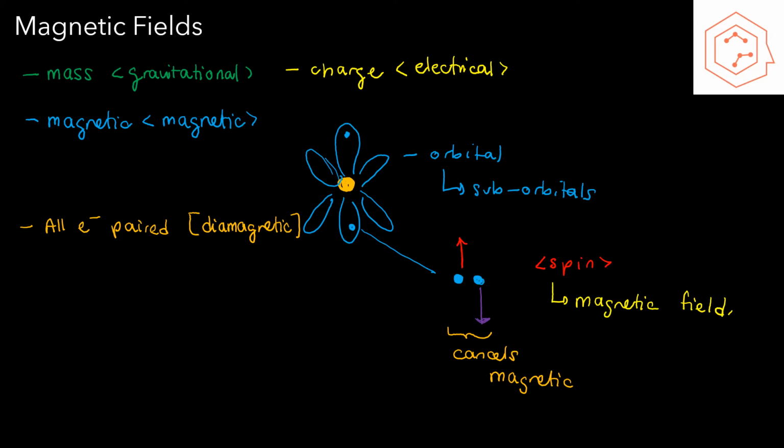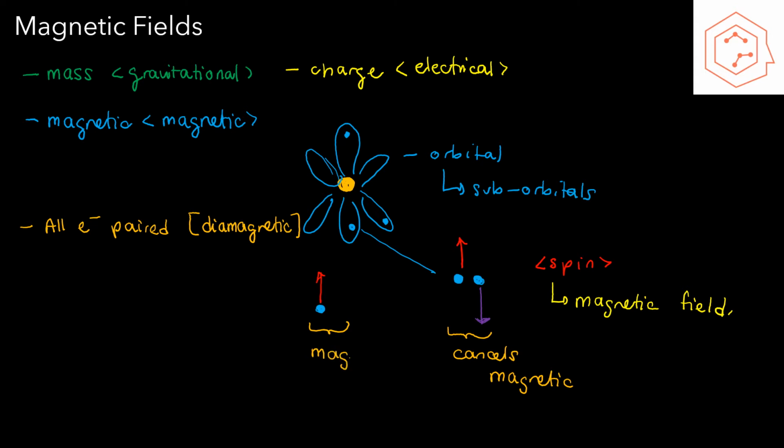But sometimes you do not have enough electrons to pair all of them. And so what you have is a single orbital with only one electron. So we're missing the second electron. By convention, this single electron is spin up. And so we do have a net magnetic field in this case, because the magnetic field created by this singular electron is not cancelled.